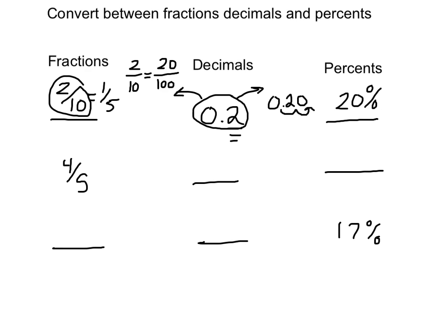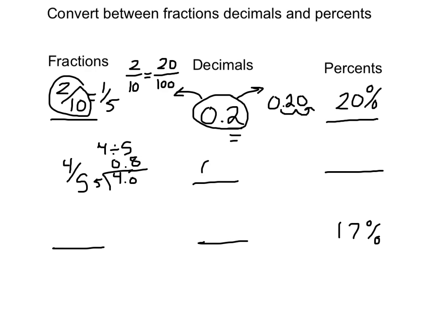Let's try that with 4/5. Convert 4/5 to a decimal. Then I can convert it to a percent. Well, you might have 4/5 memorized, or you might have to divide 4 by 5. If you divide 4 by 5, you'd add a decimal point, bring up the decimal point. 5 does not go into 4 at all, but it goes into 40 8 times.